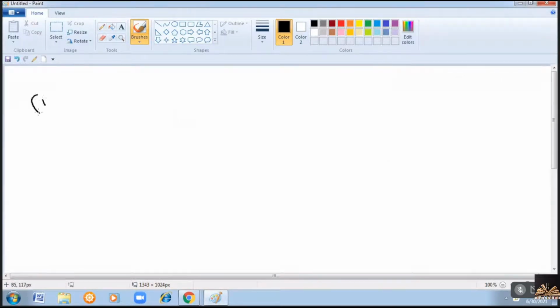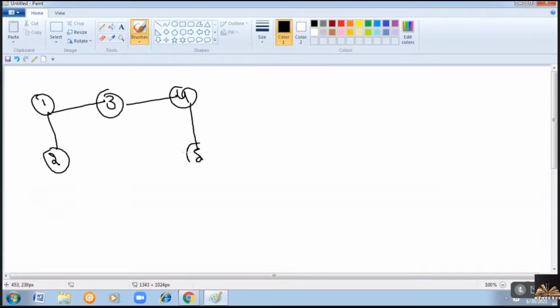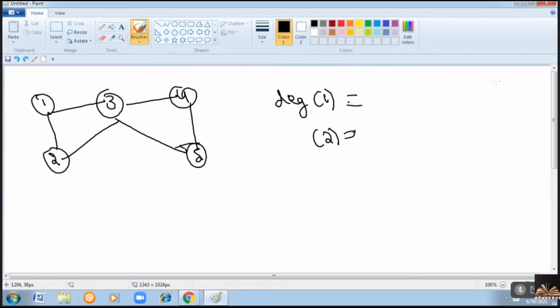Let me take the same example we considered in the previous case. Here we have concluded that this graph is an Euler graph. We have identified one Euler circuit. Now let us find the degrees of all the vertices without going through all the possibilities. If it is even, then it is an Euler graph. The degree of 1 is 2.